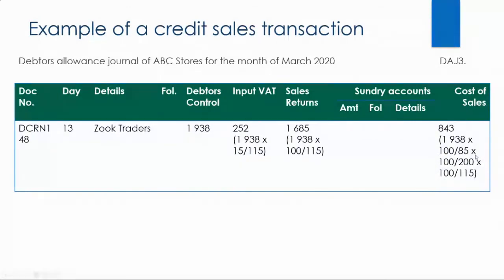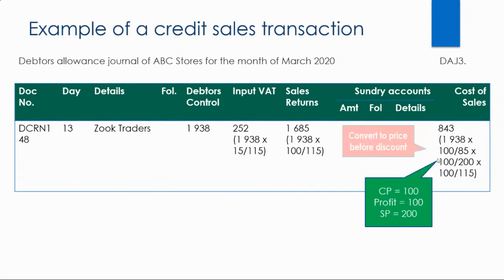So the return had one little extra step, which is adjusting it for the trade discount we have provided to get to the correct sale. Okay, so we convert that price before the discount. So this is the main catch in this specific item. Do you guys have any questions on this cost of sale calculation?